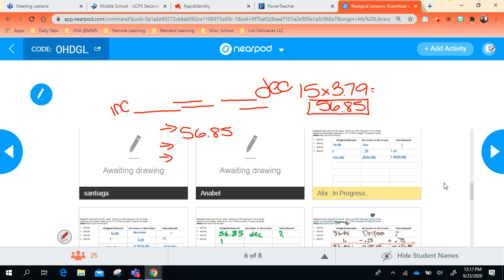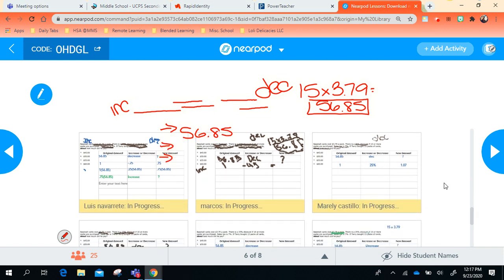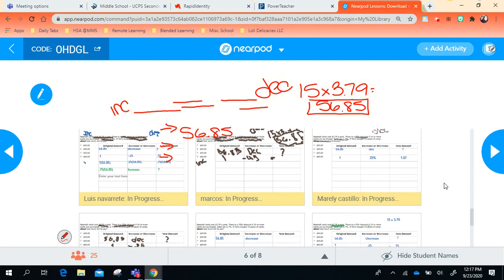Okay, Alex, I want you to check yours too. Your first and second columns are good. You put 1 minus 0.25, but then you added them together. So check that. Yes, Morelli, good.